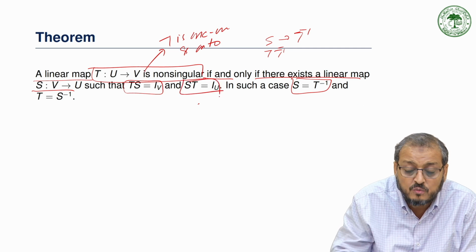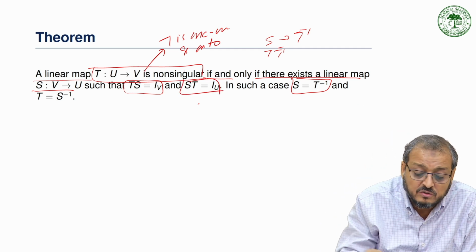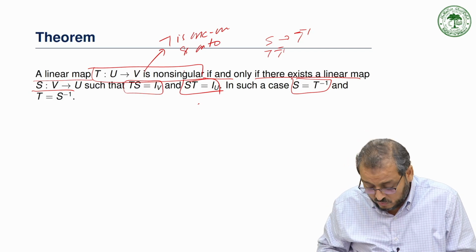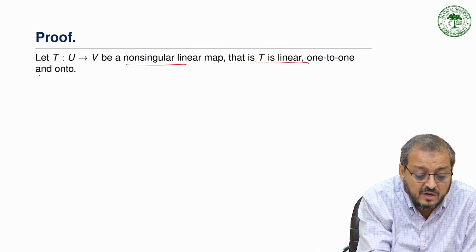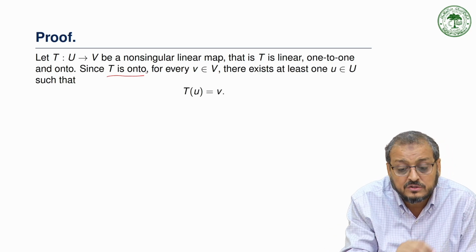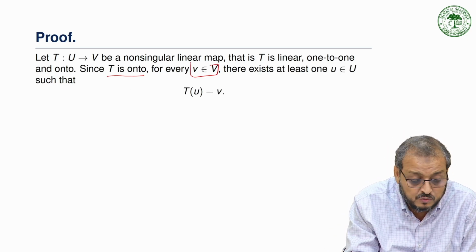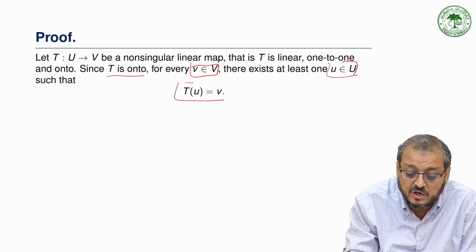So I try to prove this, assuming that T is non-singular. If T is non-singular, it means T is 1-1 and onto. Now T is onto, so for every v belonging to V, there exists a u belonging to U such that T of u is equal to v.